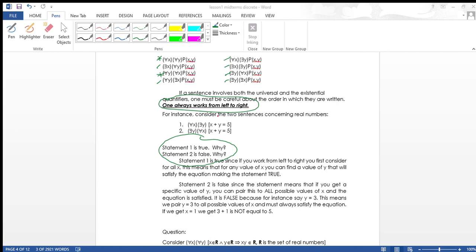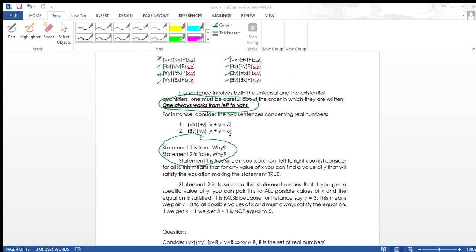So for all x, what will happen there? Isn't it that if you substitute a specific value of x here, there is a possible value of y, so that when you add the value of y to the initial value of x, you will get 5.